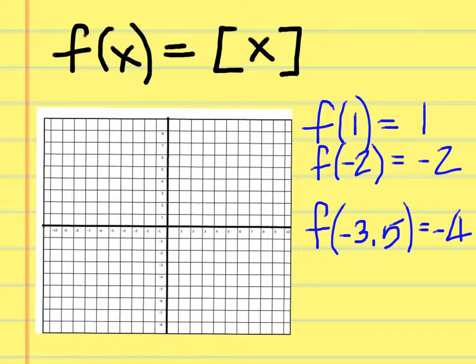So look what I just did. I put in a -3.5, and I came back with a -4. So we'll go to the graph. I put in a -3.5. -3.5 is here, but I come back with a -4. So you have to plot that on the graph.